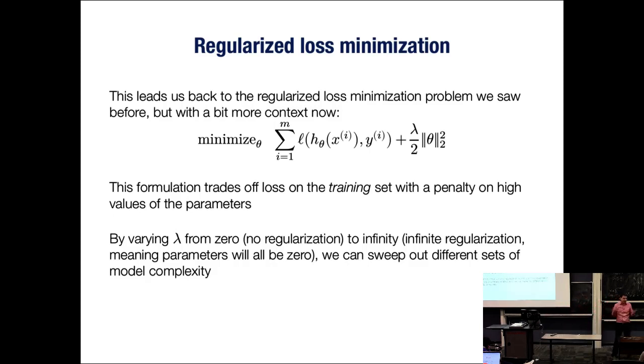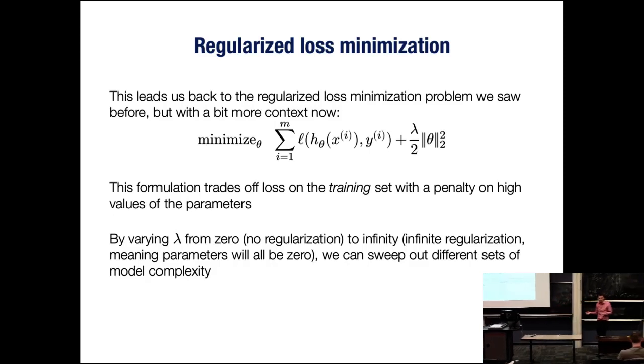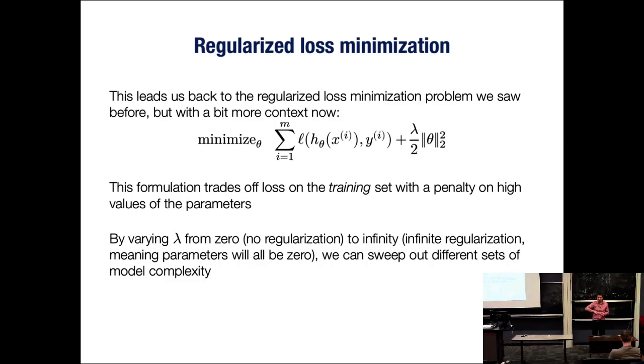Because any small deviation from that would give us infinite total objective here. And theta equals 0 will not give us infinite loss. It will just give us some really bad loss, right? So we actually want to pick some intermediate value, and we can sweep out a whole path of possible values by varying lambda between 0 and infinity.